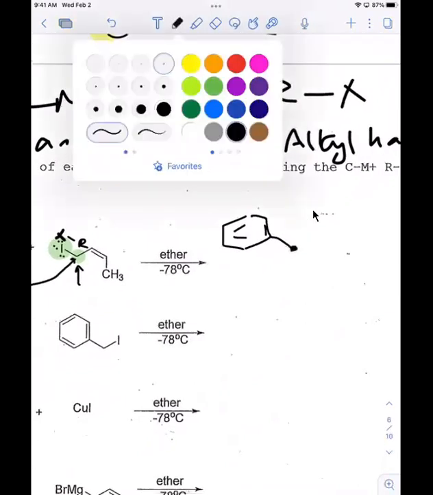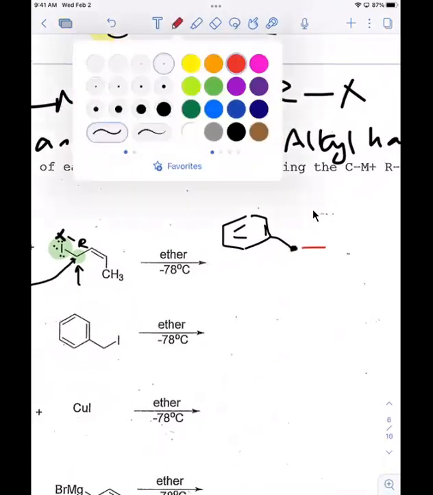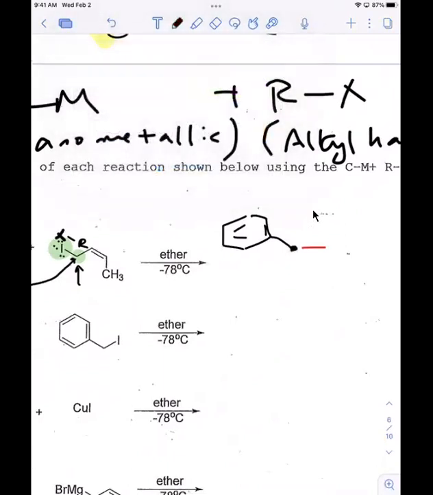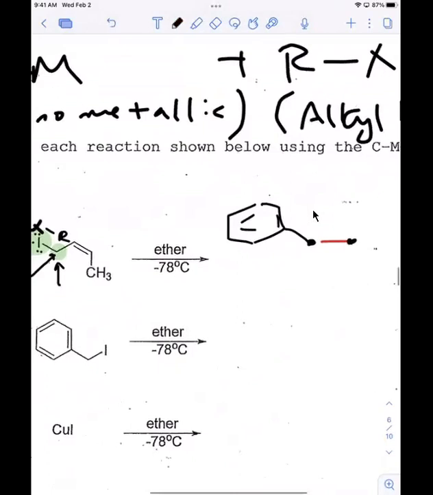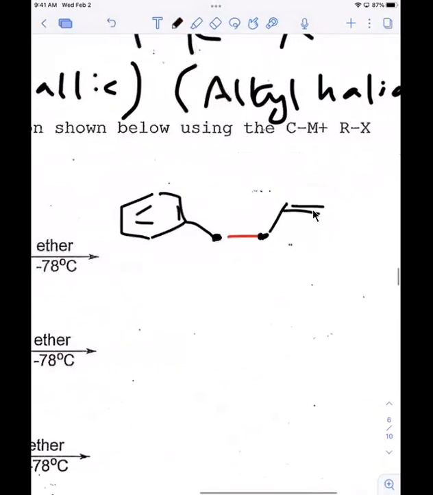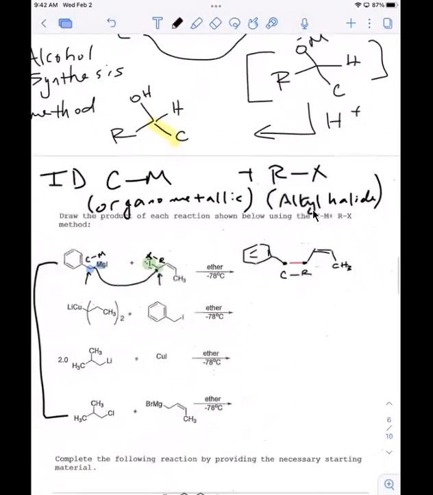And it has a bond between itself and another carbon here. And that carbon is bound to, so this is now CR. Anybody not see that or have a question about it?